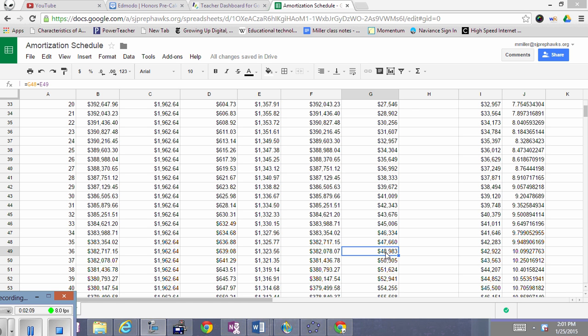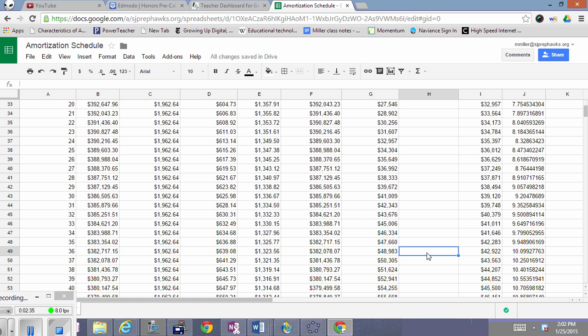So if we wanted to find just the interest paid in the third year, what we could do is sum up this interest payment. Here's year 2, here's month 24. So if we sum up the interest payment from 25 down through 36, then that would sum up how much interest you've paid in that year.